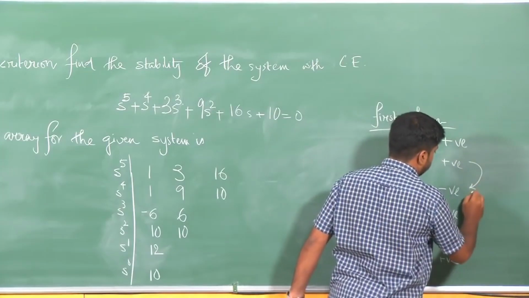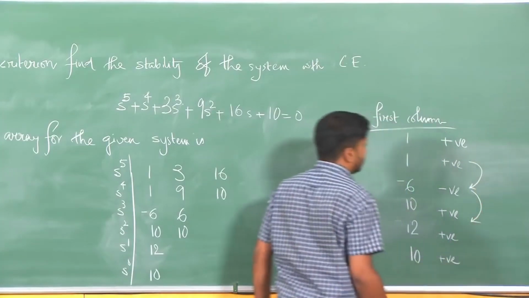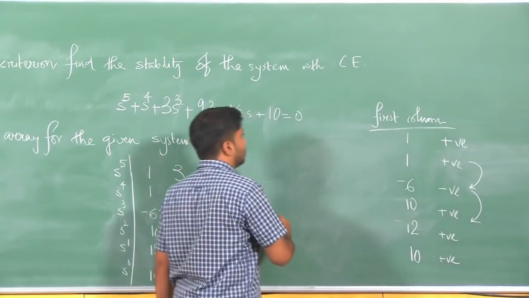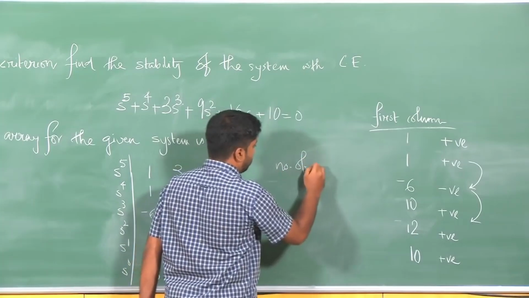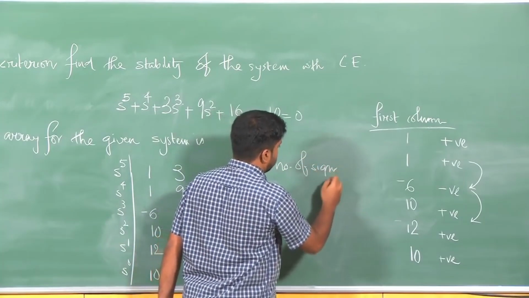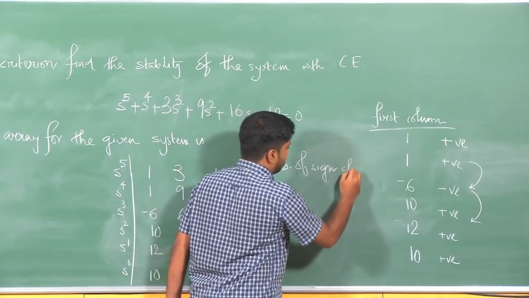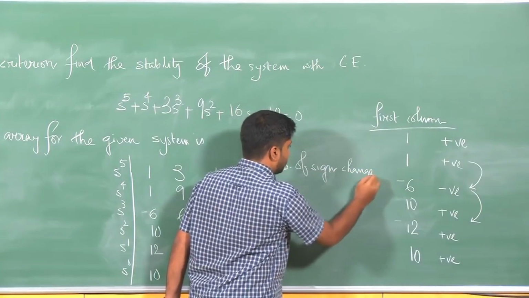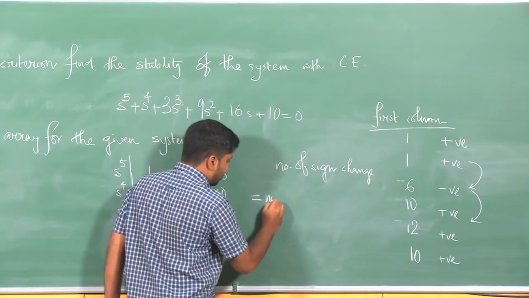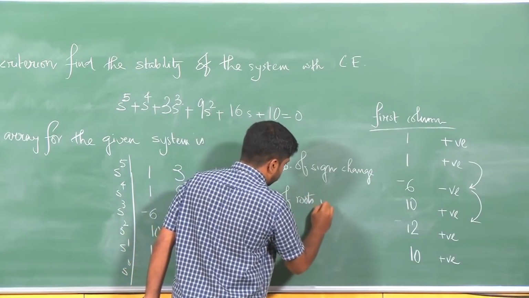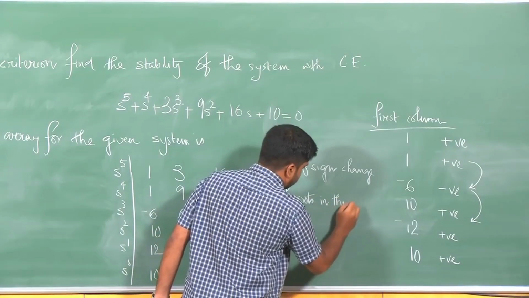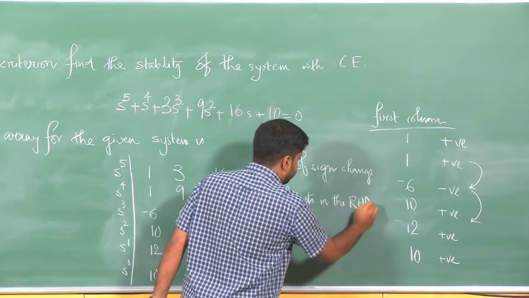So we learned that the number of sign changes is equal to the number of roots in the right hand plane.